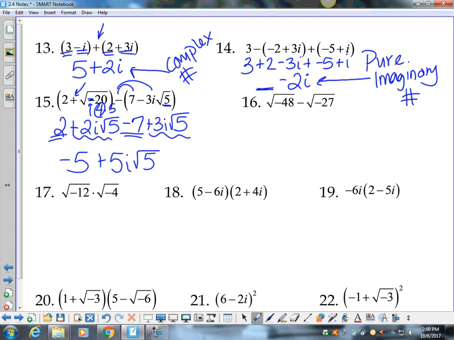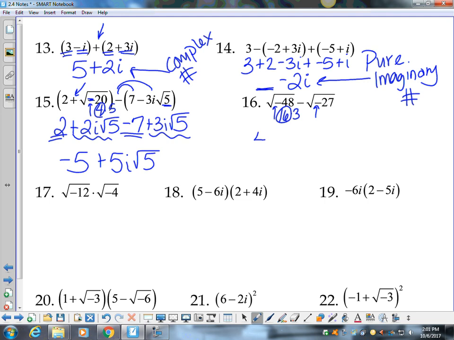Okay, 16 has big issues. It has negatives up under the root, and there are all kinds of squares under here. And they're not like terms because they don't have the same number up under the root. So I'm going to pop an i out. 48 is 16 times 3. Don't use 4 times 12 because 12 still has a square in it. So just remember that 48 is 16 times 3. He seems to pop up a lot, so just try to commit that one to memory.